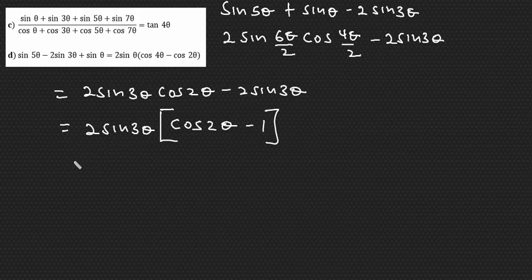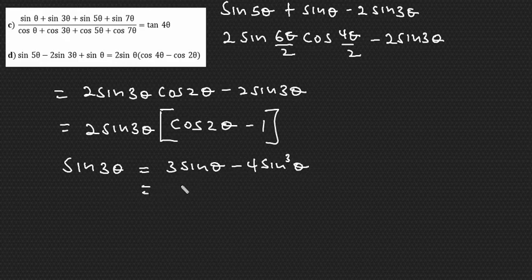We know that sine 3 theta is the same as 3 sine theta minus 4 sine cubed theta. So if we factorize sine out, we shall get 3 minus 4 sine squared theta.